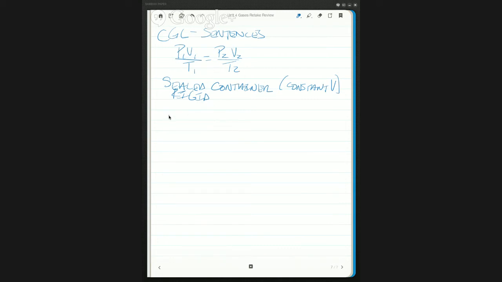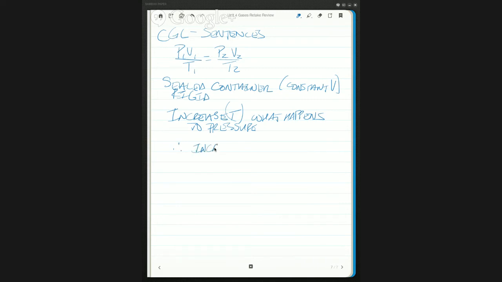And if you increase temperature, what happens to pressure? Okay. And if it's a fraction like that, one over the other, they are directly proportional, which means you increase temperature, you increase pressure.